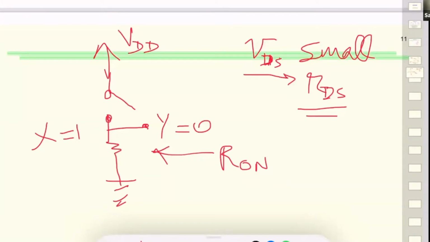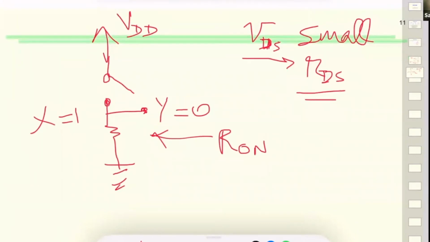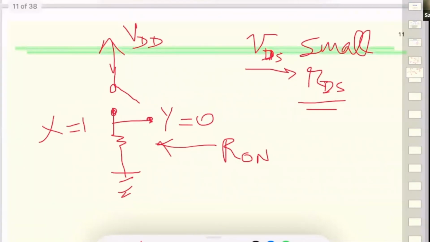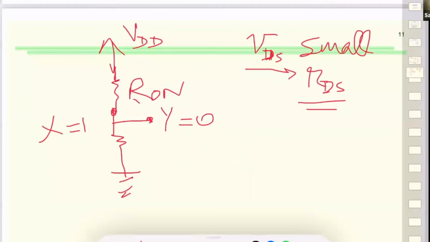But our input is all getting grounded here. In a similar way, if you want to show the input as low, then you would show the resistance of this transistor, and the other will show as open circuit in that case.